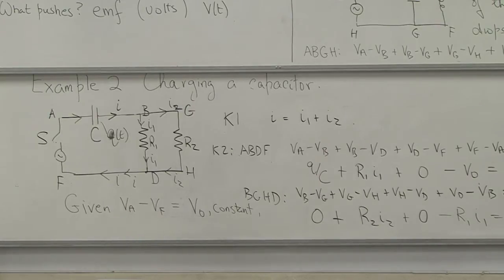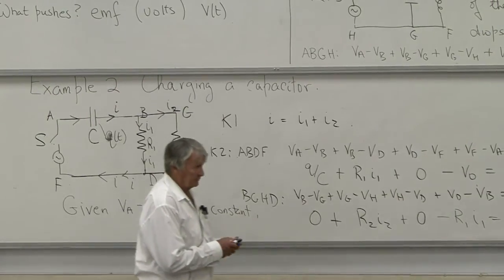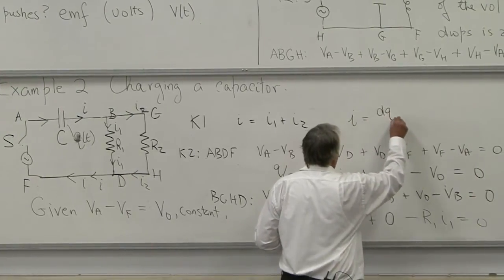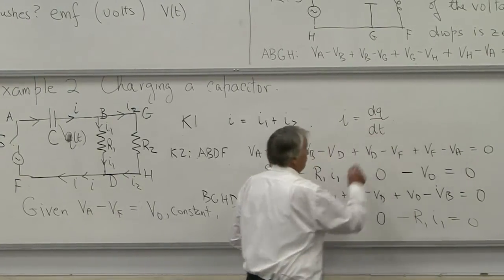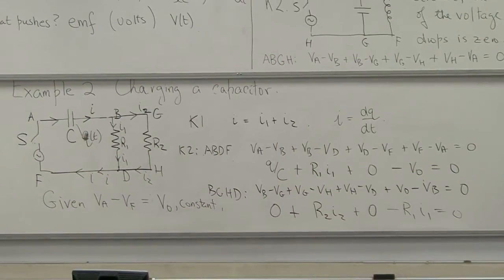And what's the relation between I and Q? I is dQ/dt. So we have 4 equations. And how many unknowns? 4: Q, I, I1, I2. So we should be okay.